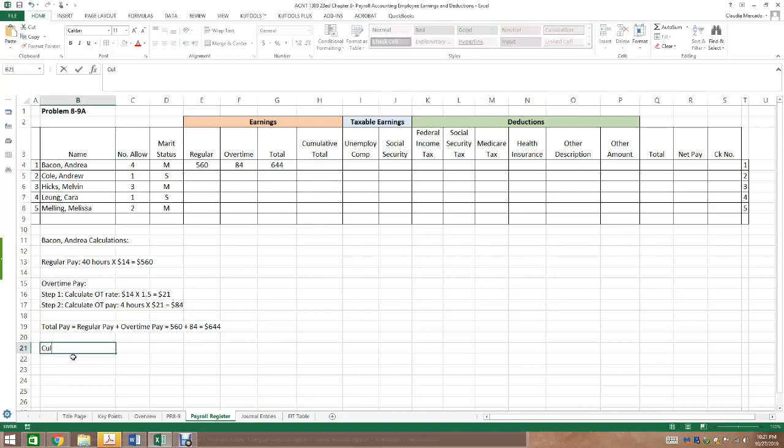So your cumulative total is your total earnings from January the 1st through March the 15th, provided in the problem, plus your total earnings, which is going to be equal to your $6,300, which is your total earnings between January the 1st through March the 15th, plus your $644.